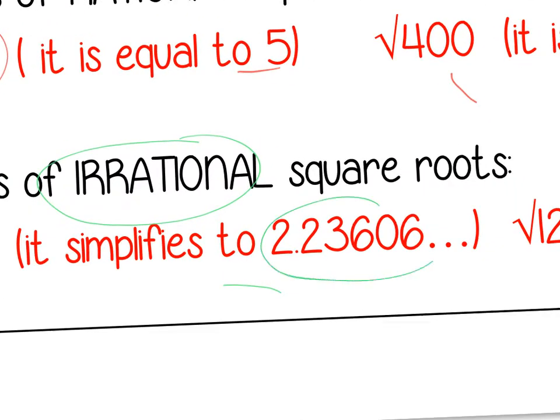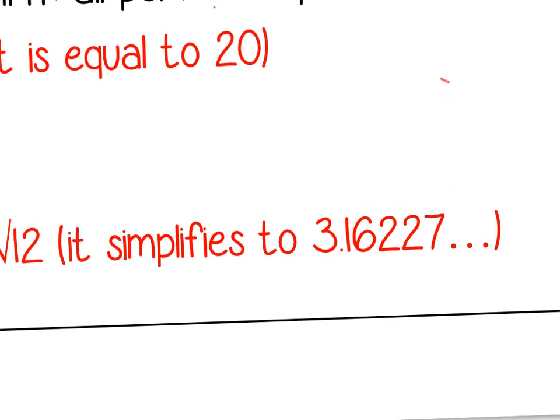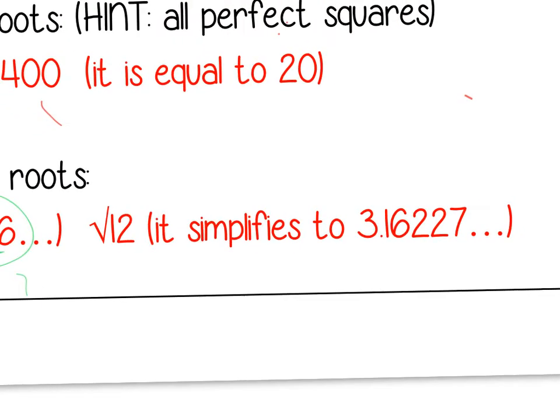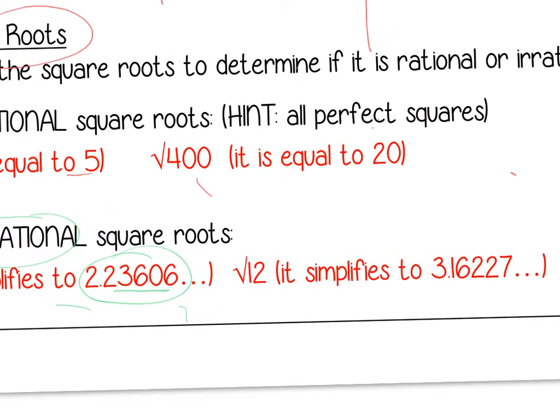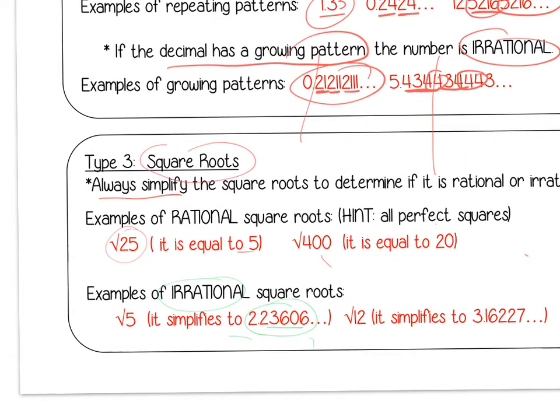When you actually plug that into the calculator, you get a number that goes on and on and on, and it is not a rational number. The square root of 12 is another one of those irrational numbers. So there are those rational and irrational numbers, and when I come back on Thursday, I'm going to see if you can identify what they are.